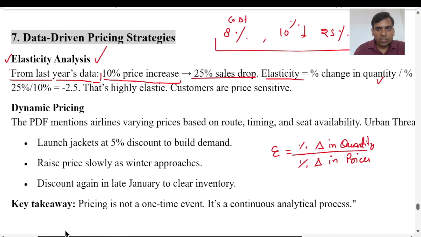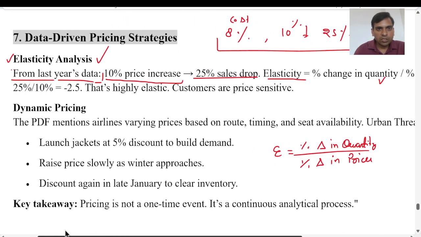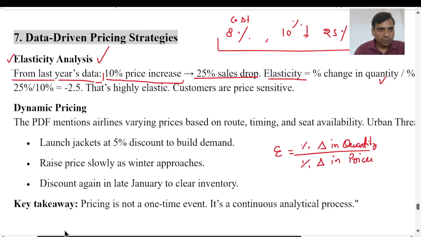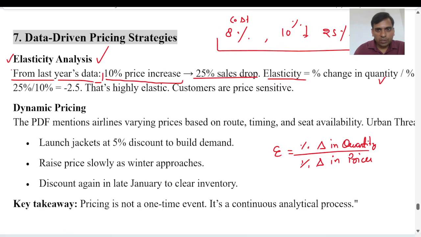The price is increased by 10%, so that is 10%. And percentage change in quantity means sales dropped by 25%, so we put 25%, and this is a sales drop, that's why we are putting minus. So the elasticity is minus 2.5.